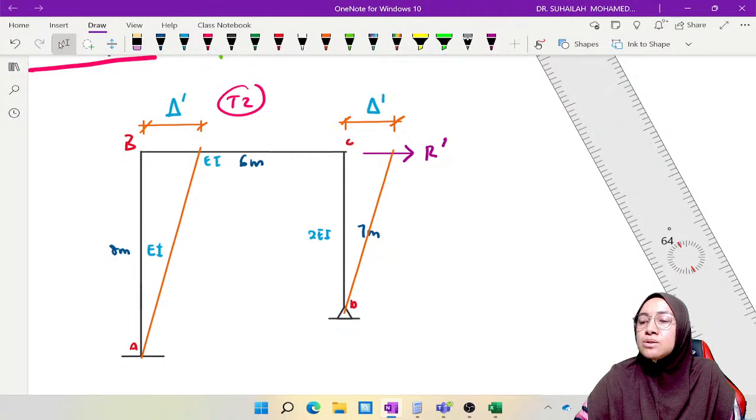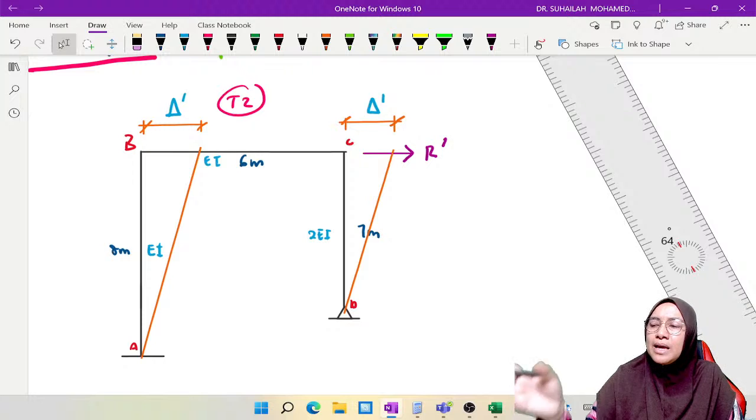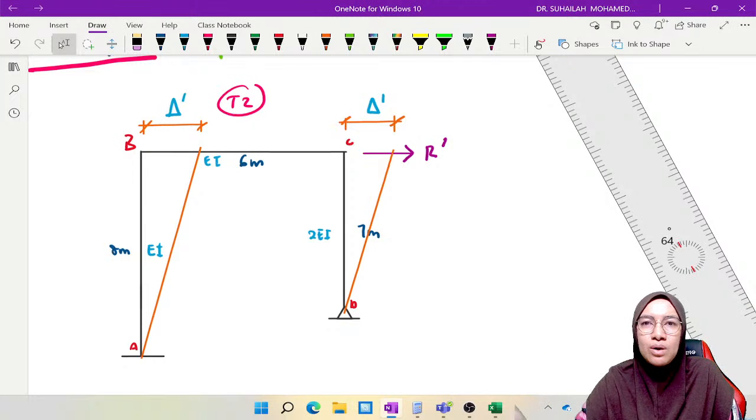So we will assume FEM based on the column side sway. The beam will always follow the column, so we don't get the effect from the beam. The effect of side sway we can get from the column. That is why we focus on the column only. We now have AB and CD as columns in this frame.